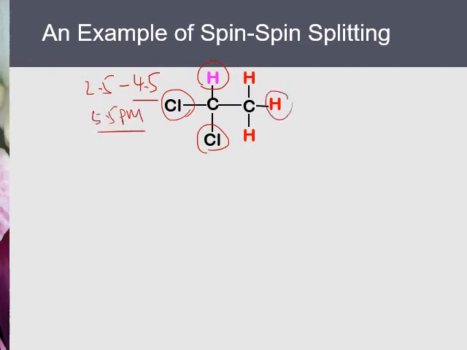The red hydrogen connects to a carbon with no electronegative atom, usually from 0 to 1.5. And because of the 2 chlorines close to the carbon, we would expect it's probably a little greater than 1.5.